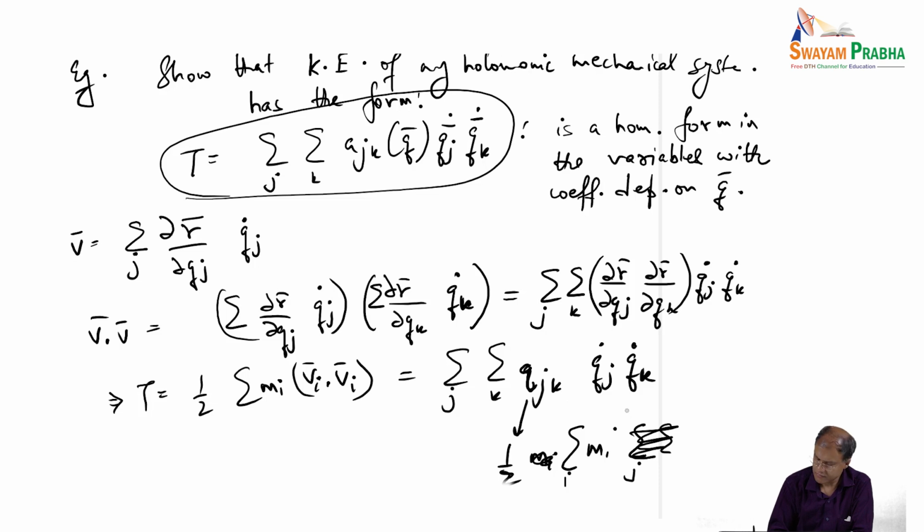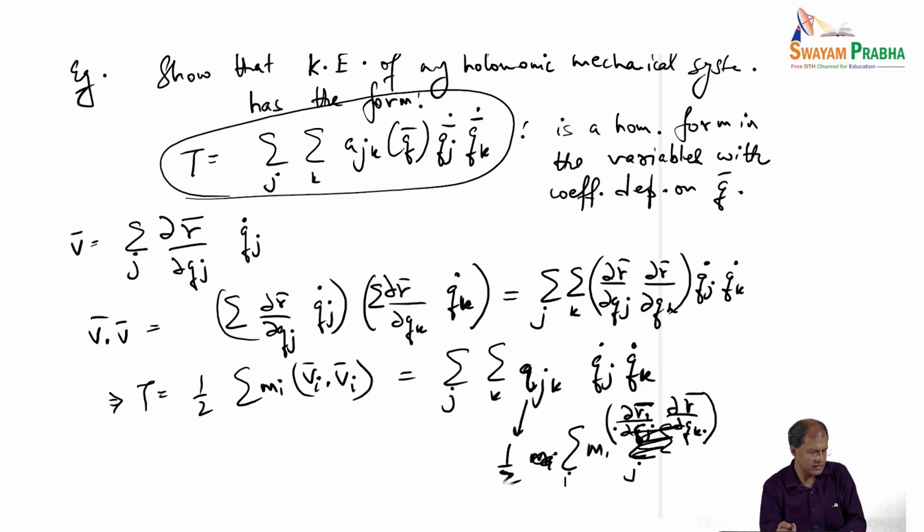So this is partial r partial qj times partial r partial qk, right? And this is going to be the case. Okay, so this is the example that shows the form of the kinetic energy in general.